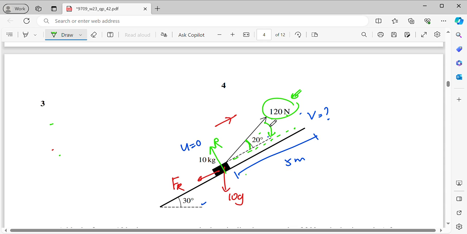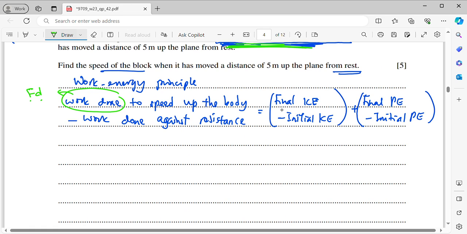That is my F, and then my D is 5. So I will write 120 cos 20 degrees, this is my force, times 5. That is the work done to speed up the body.